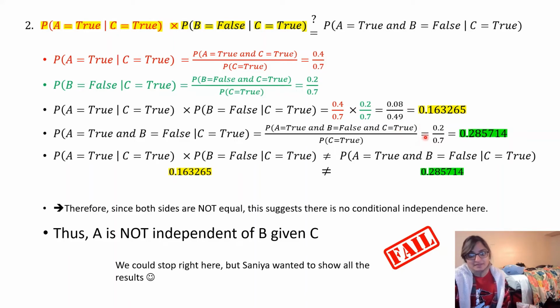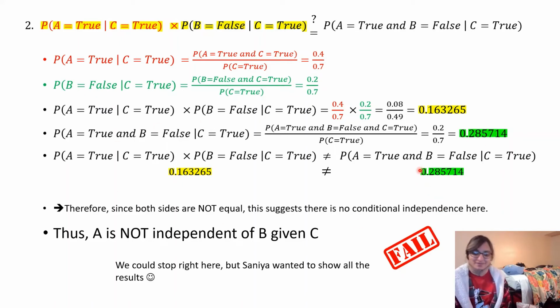Then you divide that by 0.7, and then it is 0.285714. So thus, this left-hand side evaluated here to 0.136265, that's what this was, and the right-hand side evaluated to 0.285714, and they are not equal.